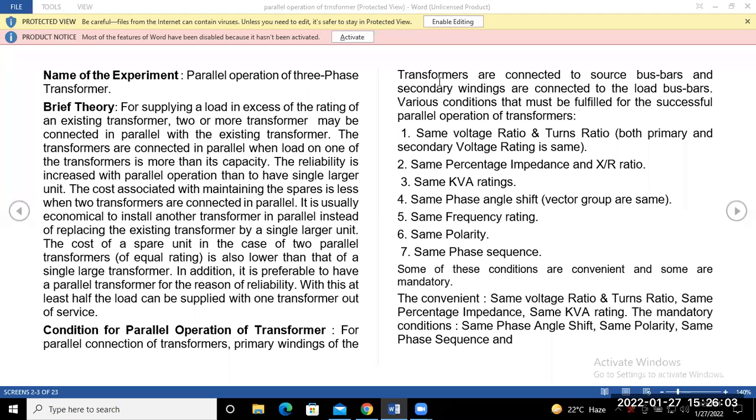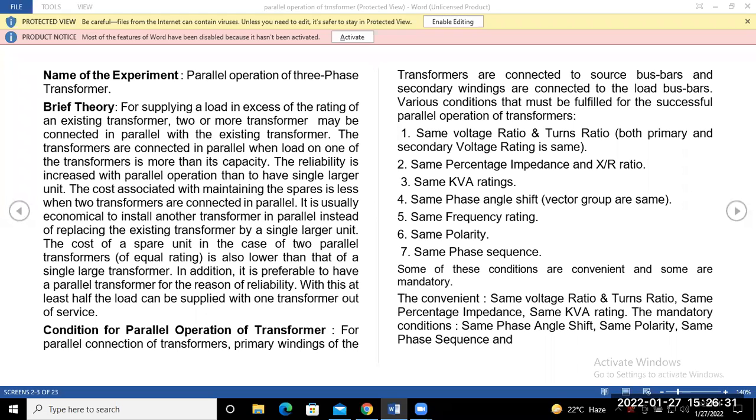Sir, same frequency rating, same polarity, and same kVA rating, same phase sequence, same voltage ratio and turns ratio.